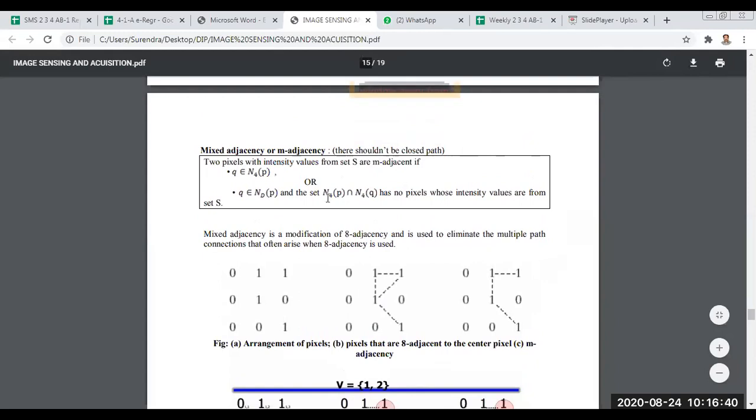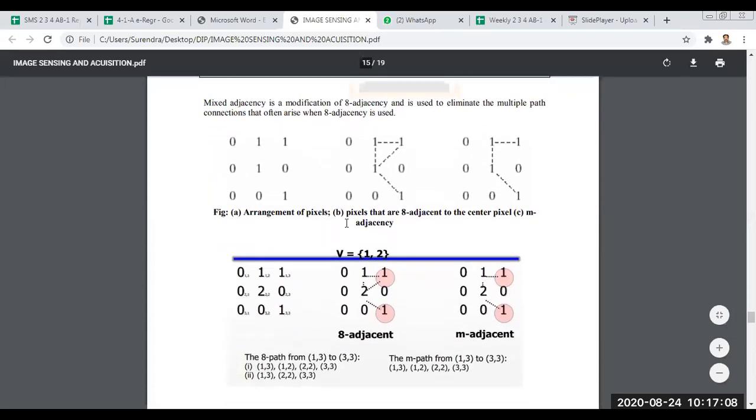There is a condition: N4 of P intersection N4 of Q has no pixel values, intensity values, from the set S. So we should not form a closed path in M-adjacency. Either forward or reverse, it is the same path. So 1 to 1, 1 to 1, and only 1, but we should not form the connection between these two. So that is called M-adjacency, right?